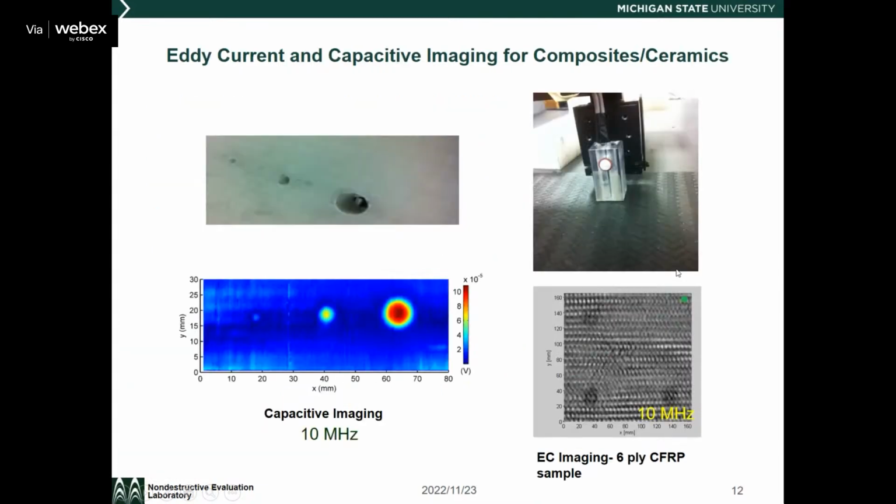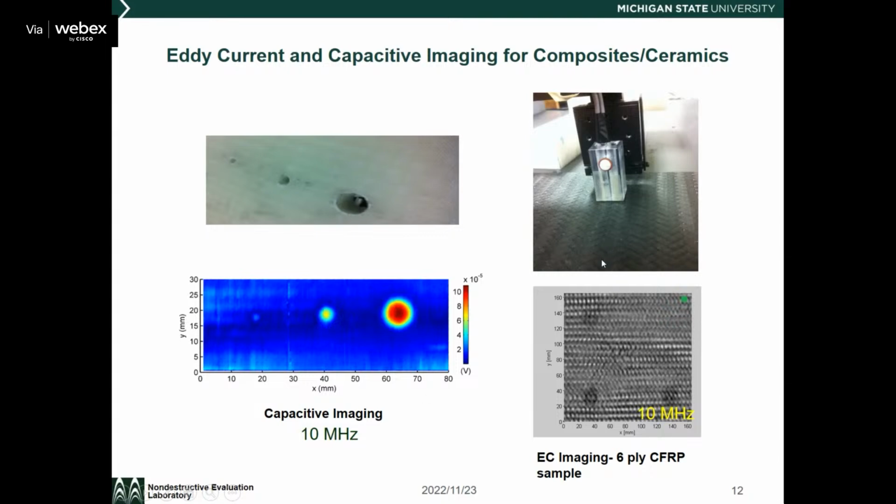Okay, so I want to show you some of the examples here, that you can have GFRP and CFRP samples here. And for the GFRP, for example, here are some holes there. You can get very nice pictures using a capacitive measurement. And you can actually try to quantify or characterize the size of a defect using 10 megahertz capacitive imaging.